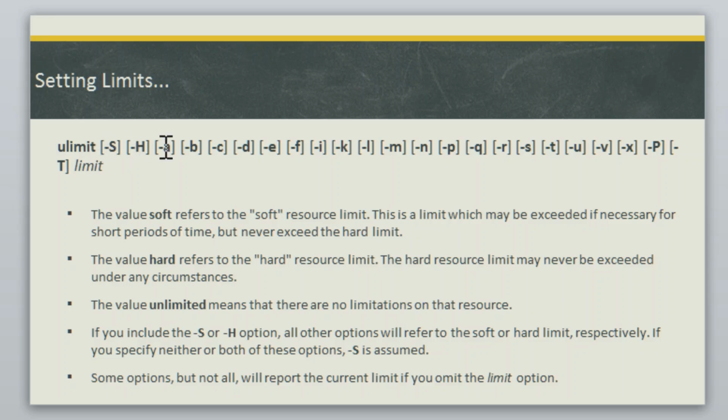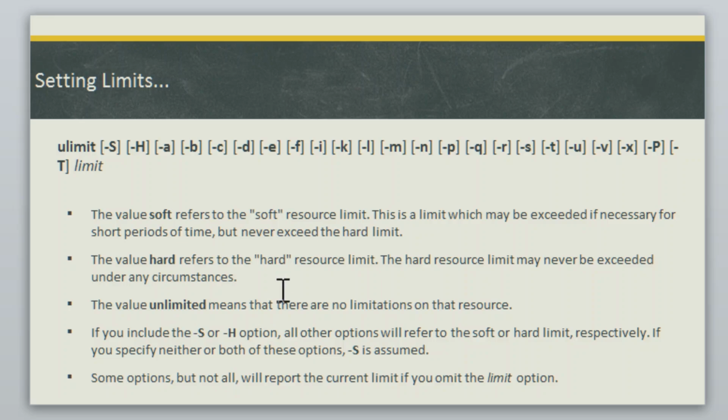So the value soft refers to the soft resource limit. This is a limit which may be exceeded if necessary for shorter periods of time, but never exceed the hard limit. The value hard refers to the hard resource limit, and the hard resource limit may never be exceeded under any circumstance. The value unlimited means that there are no limitations on that resource.